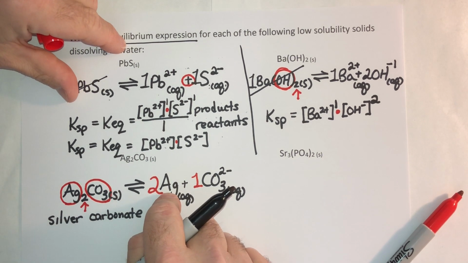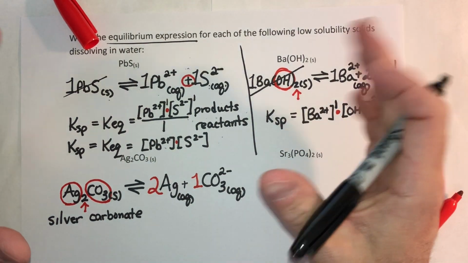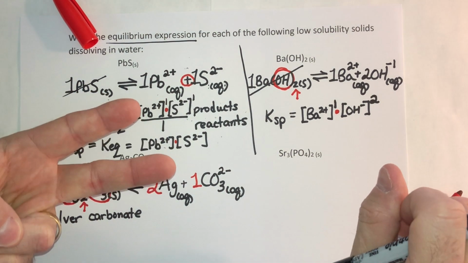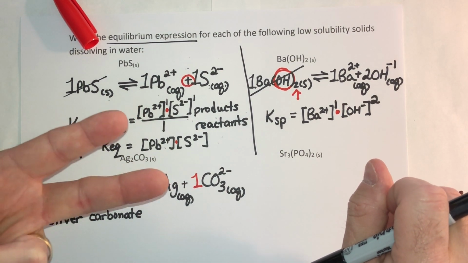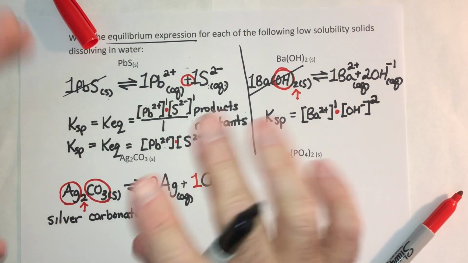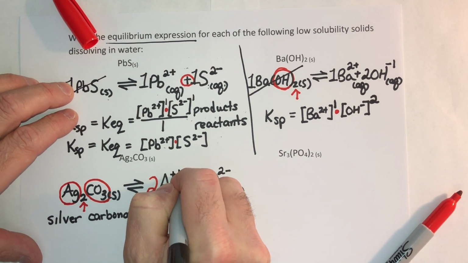Now, the silver actually is an exception, right? If you think back to your periodic table and the transition metals in the middle, there are only 2 that don't use Roman numerals. There's only 2 that don't have multiple charges. Silver and zinc. They're the only 2. The only charge that a silver can have is +1.